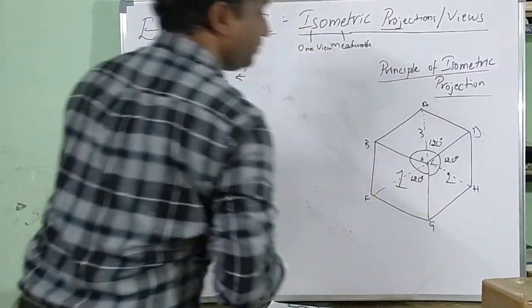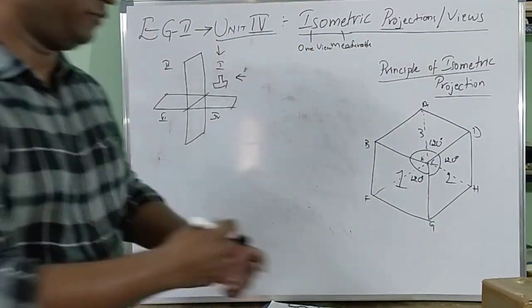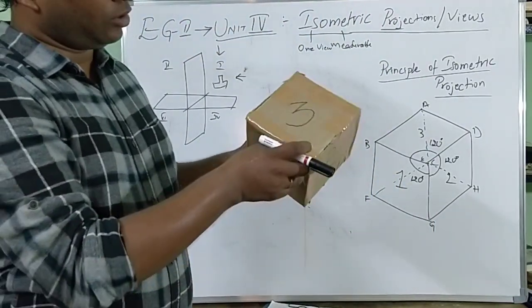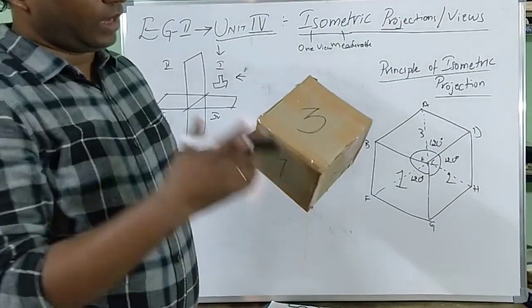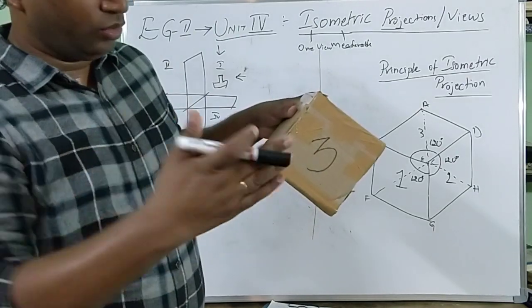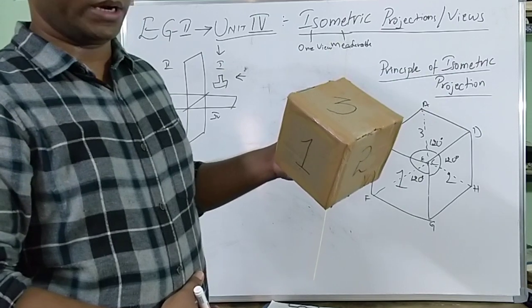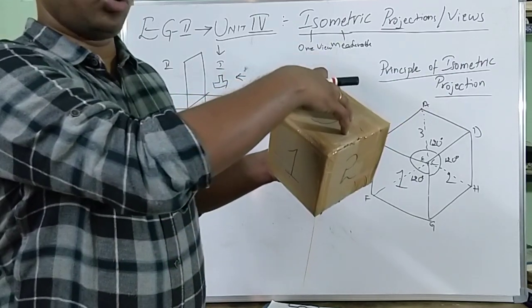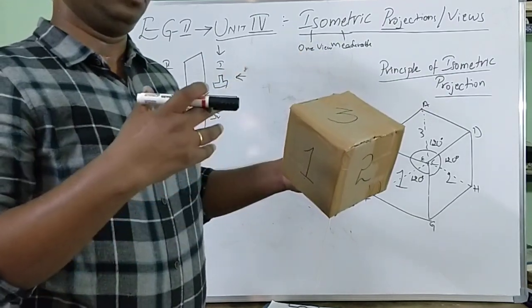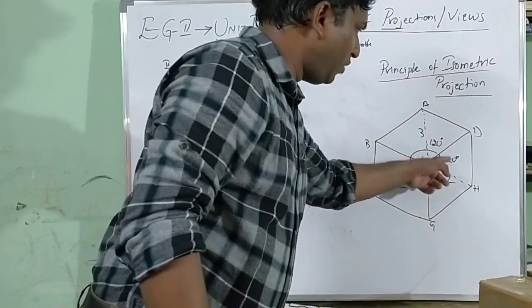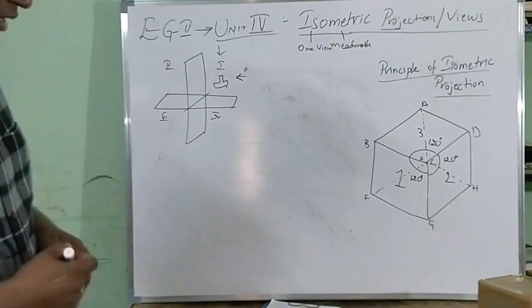I am just mentioning the angles in the view of this particular position. Actually, if you look at it parallel, it is 90 degrees. But we are rotating it in such a way that this square looks like a rhombus. That rhombus will have angles of 120, 120, 120 degrees each.